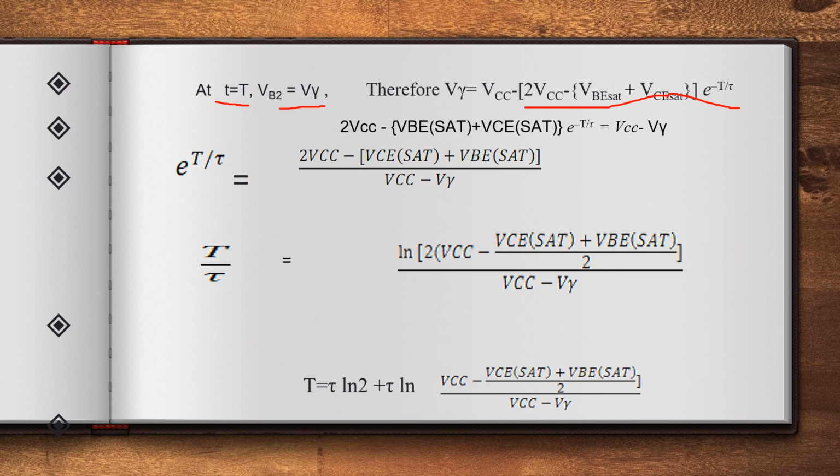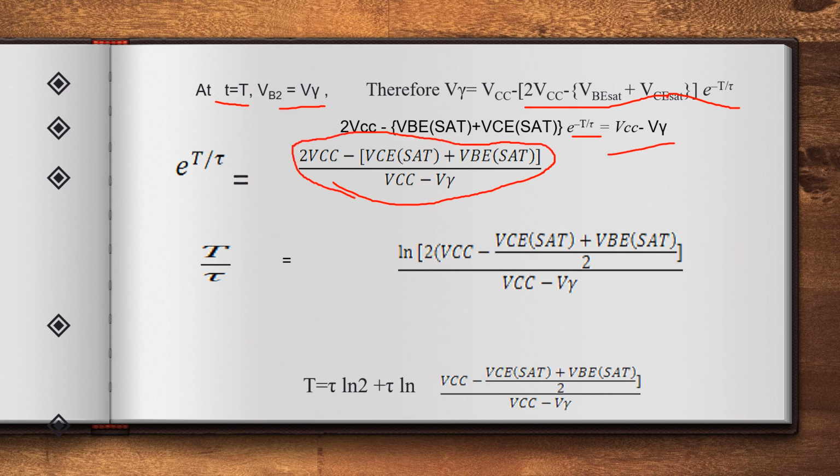Now you can write e power minus t by tau as the subject. If you write e power capital T by tau, you will get this expression.